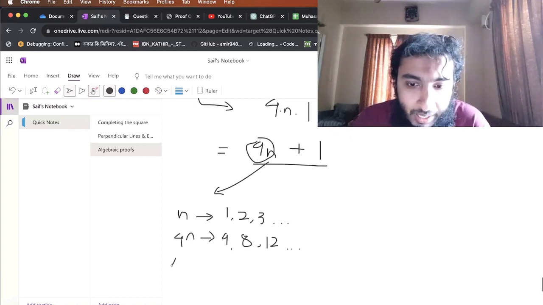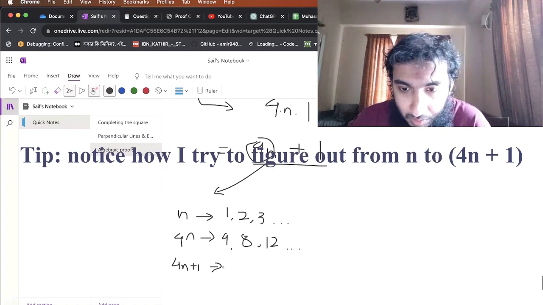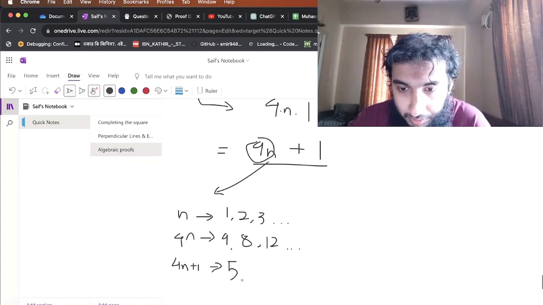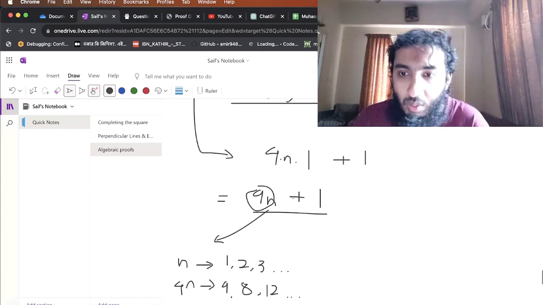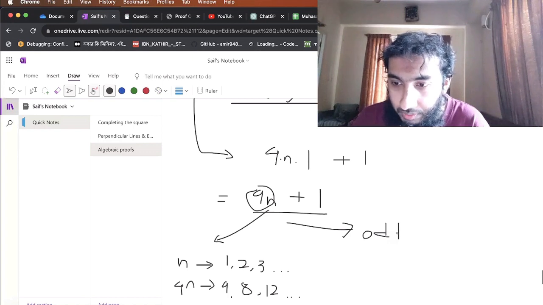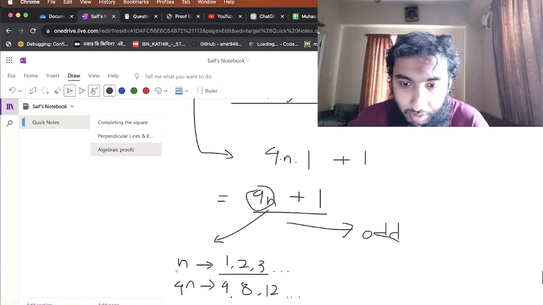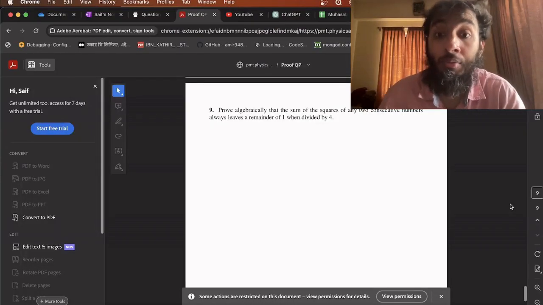So what will be 4n plus 1? 5, 9, 13 and so on. So as you can clearly see, 4n plus 1 will always yield an odd number for all positive integer values of n.